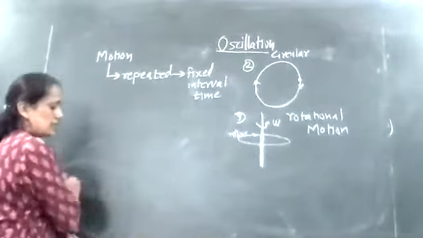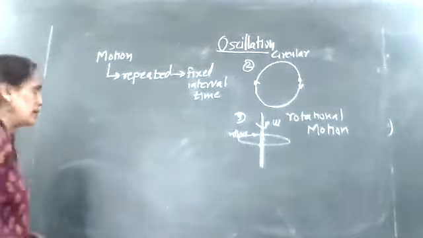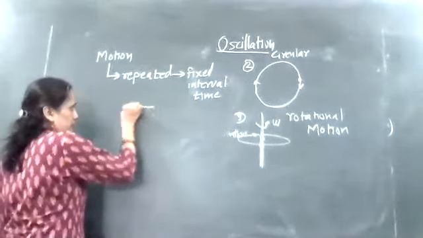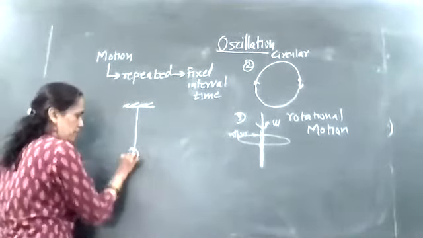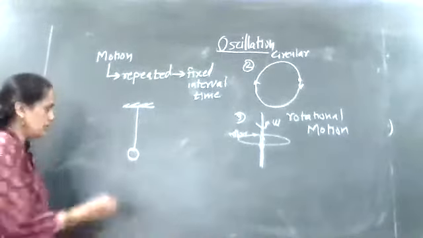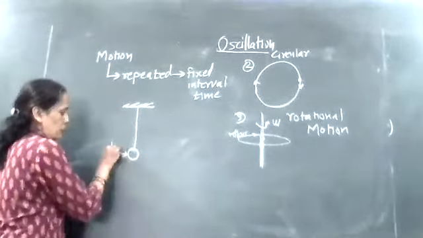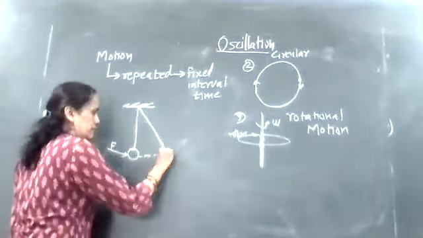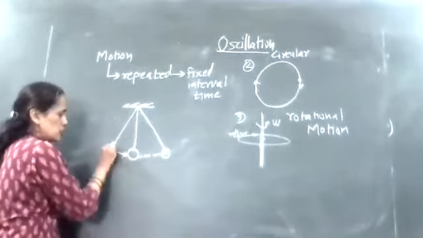Okay, now I give one more example, the motion of a pendulum. Let's consider this is the pendulum. If I apply a force to this pendulum, it will start oscillating about the mean position.